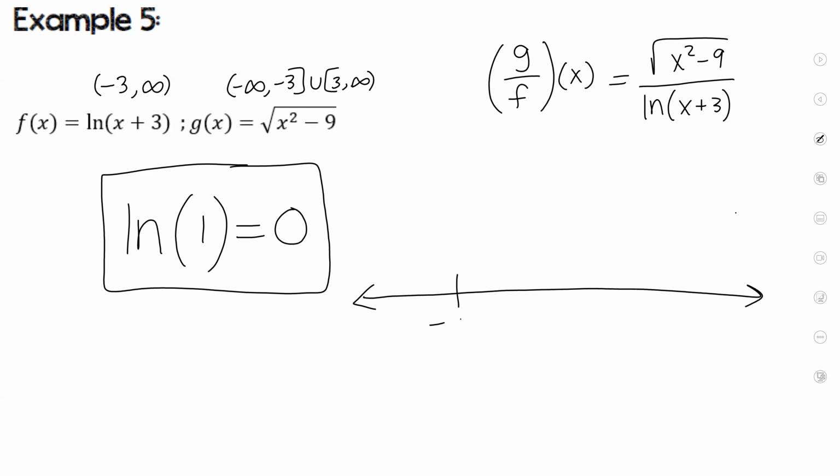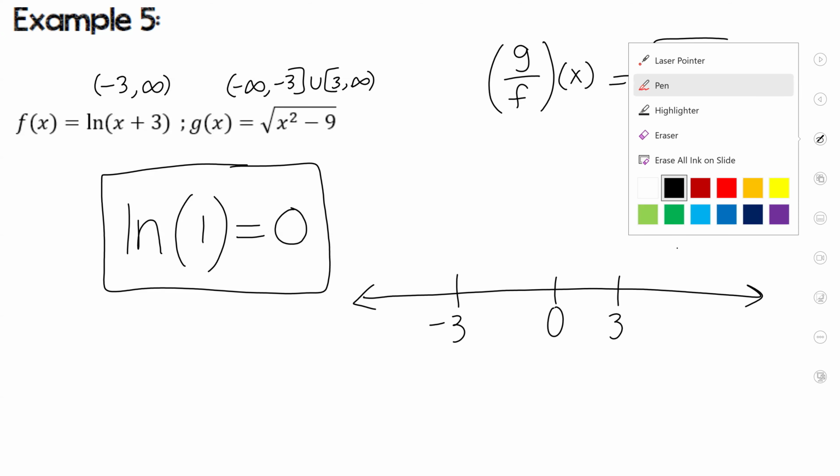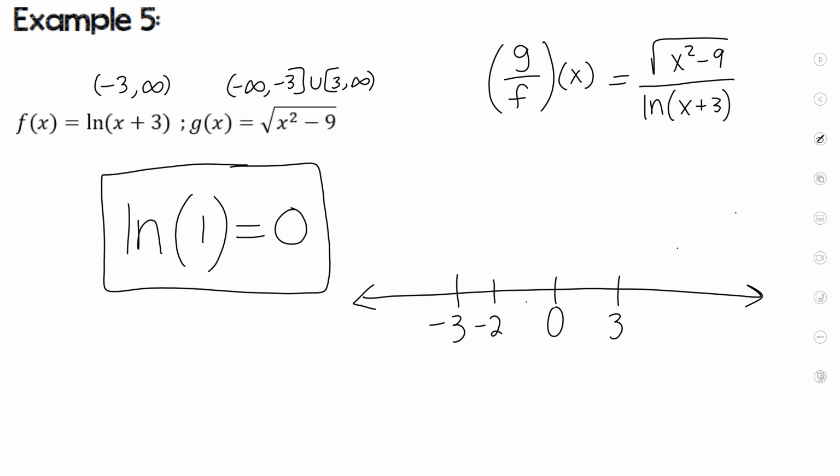Here's -3, here's 0, here's 3. Here's -2, here's -1. Okay, so let's look at this first domain. The natural log of x plus 3, the domain goes from -3 to infinity, right? Okay, let me draw you a picture so we understand. This went to the left 3.